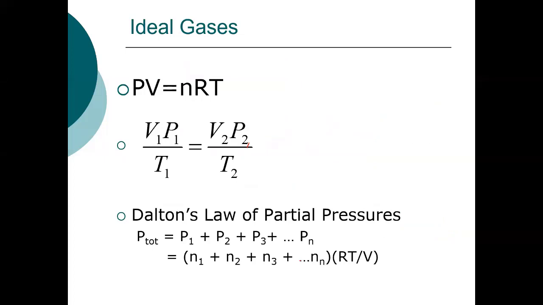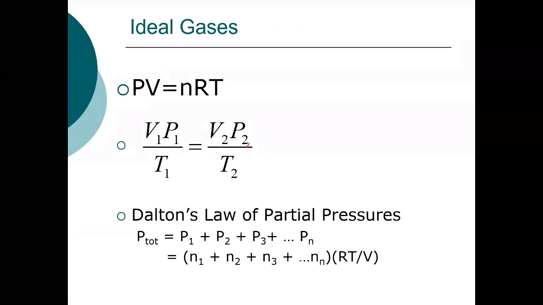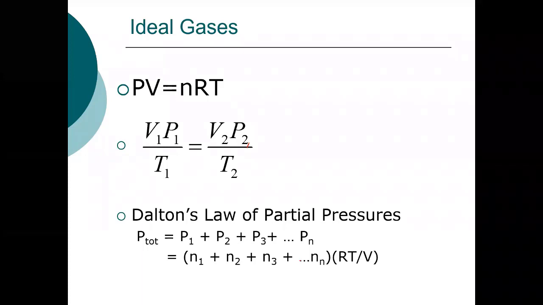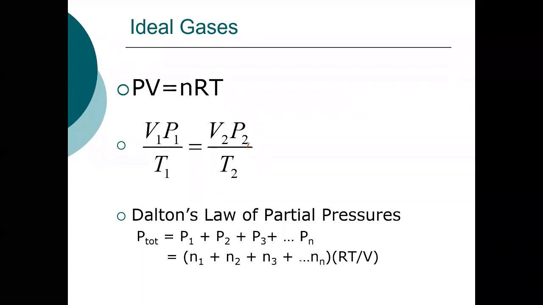In looking at air pollution, we will use the ideal gas law extensively. So pressure times volume is equal to the number of moles times the ideal gas constant times the temperature. Temperature is always in Kelvin.